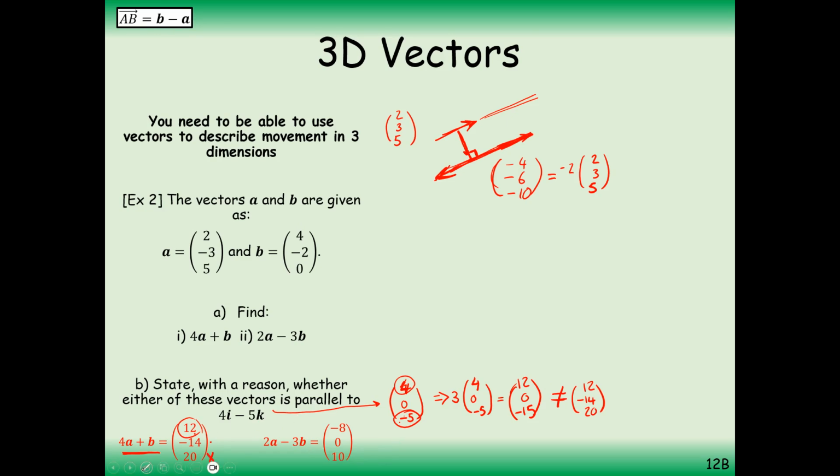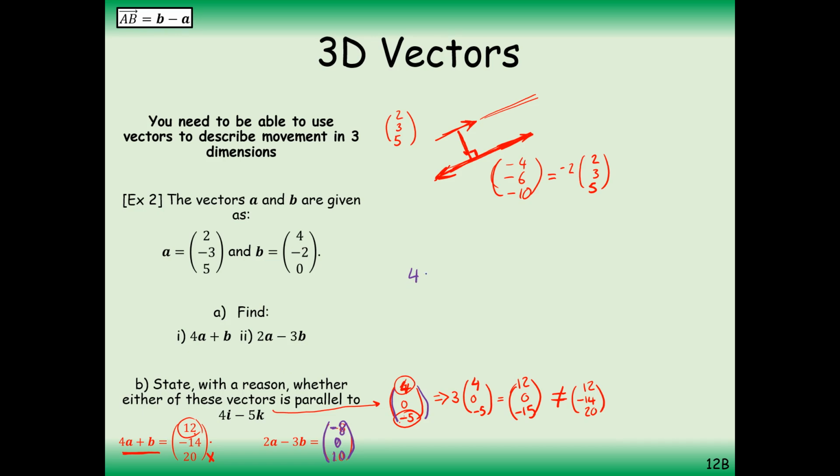I'm going to do the rest of my work in a different color so you won't get confused. This vector, 2a minus 3b, has -8, 0, and 10 as its components. So we look back at the original vector that we have here. 4 times -2 will give us -8.